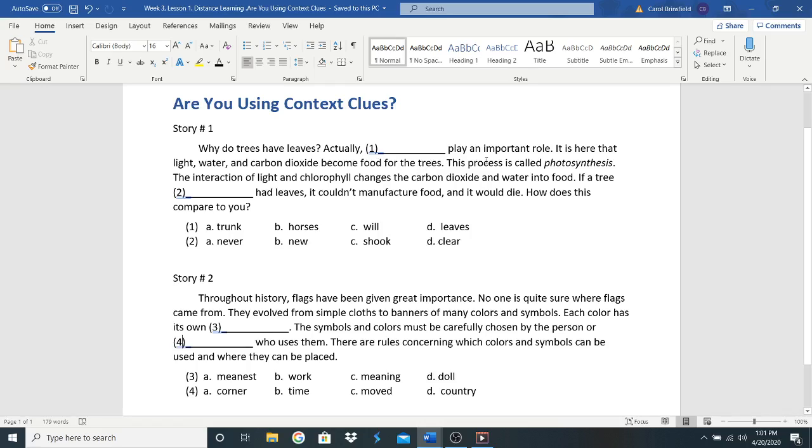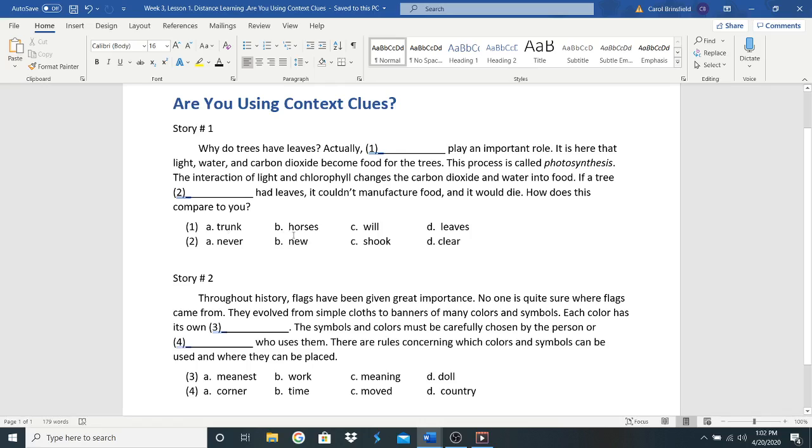Actually, blank play an important role. So, why do trees have leaves? Actually, trunk play an important role. Well, the trunk of a tree does play an important role, but that doesn't make sense the way it's used. It doesn't have anything really to do with the leaves at this time. I mean, the branches have the leaves.